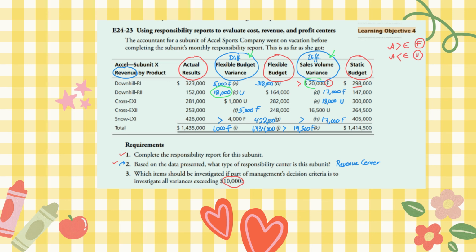Here we have 20 favorable, 17, 18, 16,500 and 17,000. So for the flexible budget variance, we need to investigate only the second product, which is downhill, R2. For the sales volume variances, we're going to investigate all the products because all of the variances exceed 10,000.